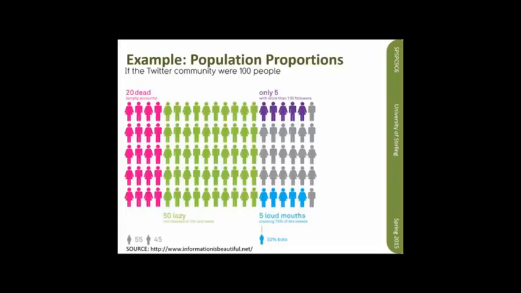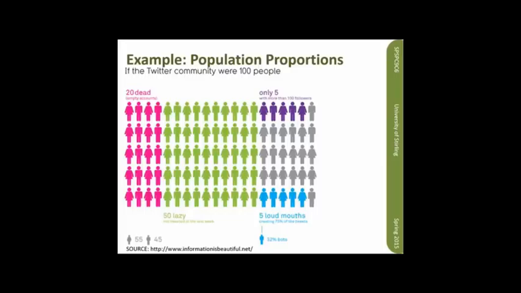So we have 20% are dead, are empty accounts that aren't active. 50% here are lazy, they haven't tweeted in the last week. Only 5 have more than 100 followers. There are 5 loudmouths creating 75% of the tweets. So just 5% of the Twitter users are creating 75% of the tweets on the site.